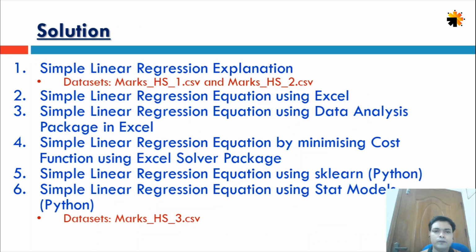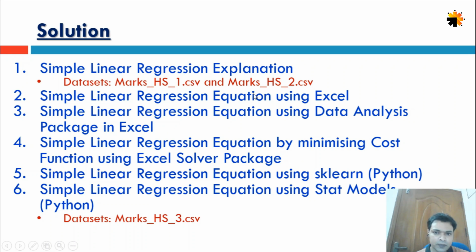Now I will go to the solution. From here it becomes a little bit interesting. I have given steps here, totally around 6 steps. First, the simple linear regression explanation, where I will take 2 data sets and explain what is happening. Then I will derive the equation using Excel, and next I will get beta naught and beta one using the data analysis package in Excel.